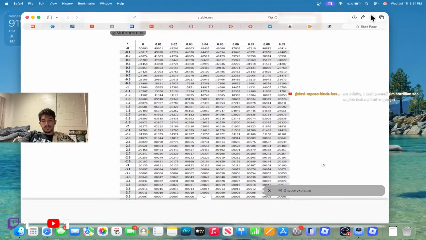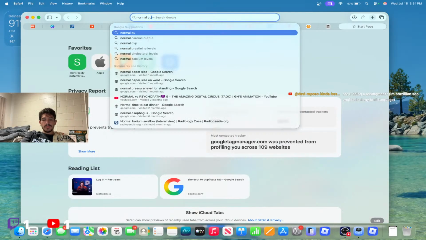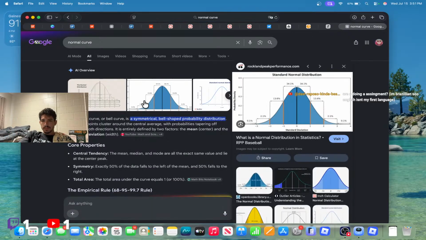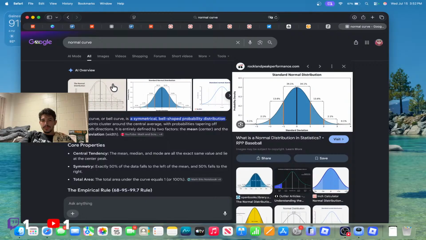Symmetrical, bell-shaped. Area under the curve equals 1. Is that true? Yeah, total area under the curve equals 1.